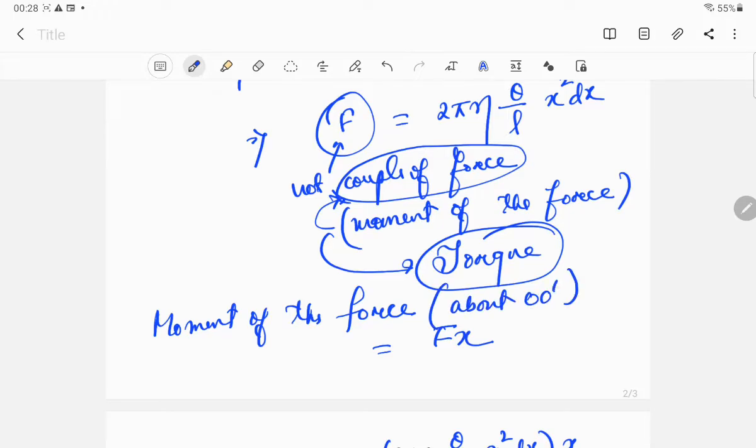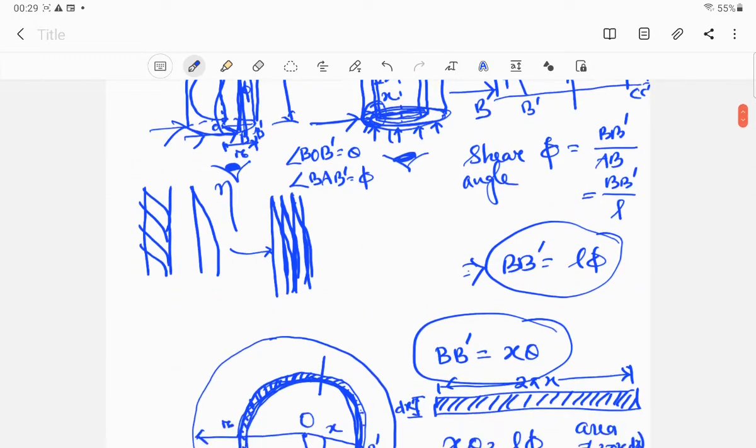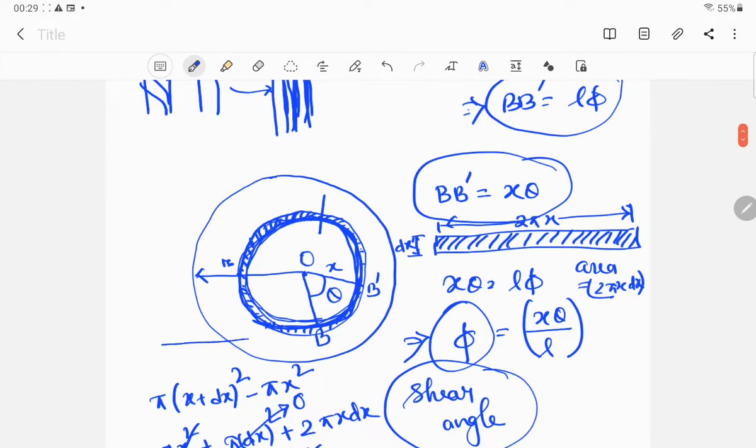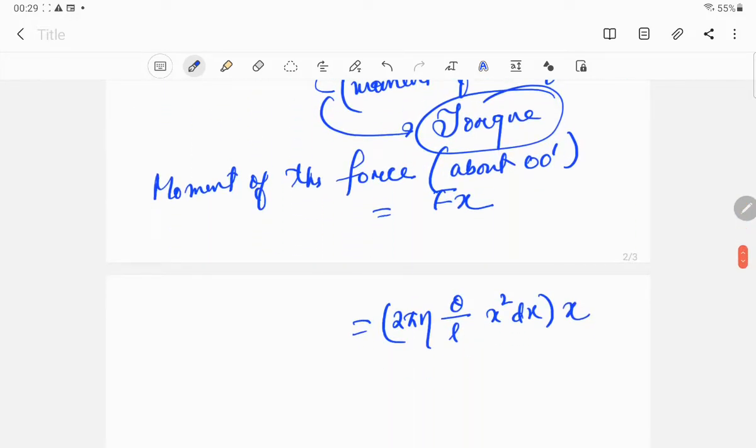Why OO dash? Because it is an equilibrium section, it doesn't change during the whole process. Now the force is acting at this point, which is at a distance of approximately x from O dash. That is why we multiply by x to find the moment of force.